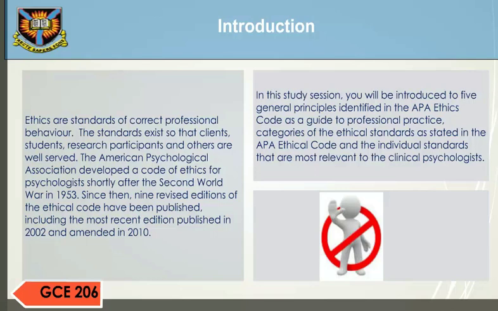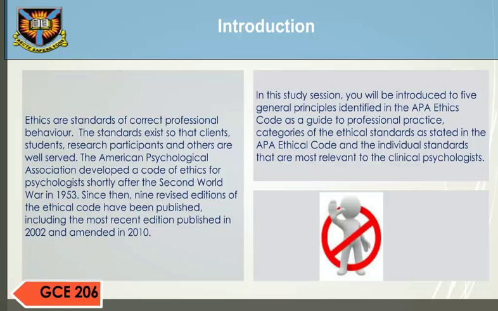The American Psychological Association developed a code of ethics for psychologists shortly after the Second World War, in 1953. Since then, 9 revised editions of the Ethical Code have been published, including the most recent edition published in 2002 and amended in 2010.